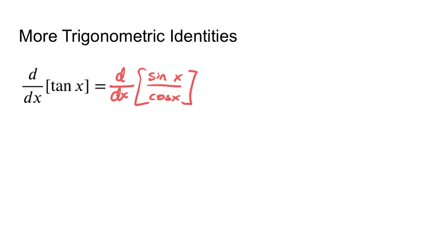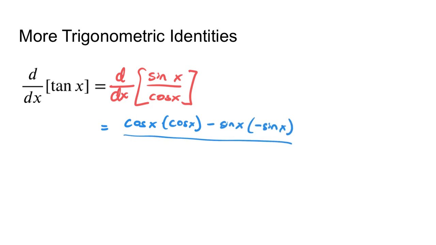So if I'm taking the derivative of the sine of x over cosine of x, this is in fact a quotient rule problem. To take the derivative of this, I'd have the bottom times the derivative of the top, which is cosine of x, minus the top times the derivative of the bottom, all over the bottom squared.